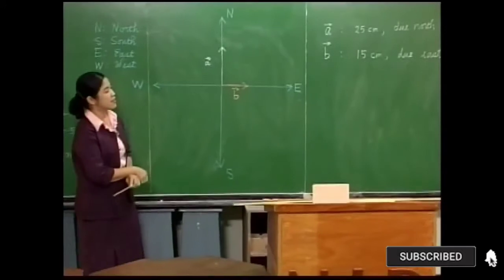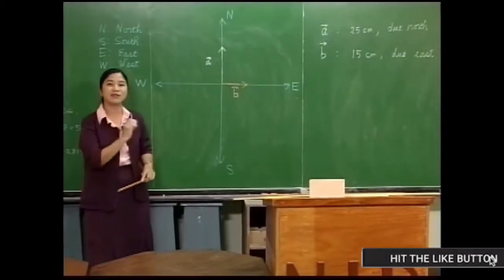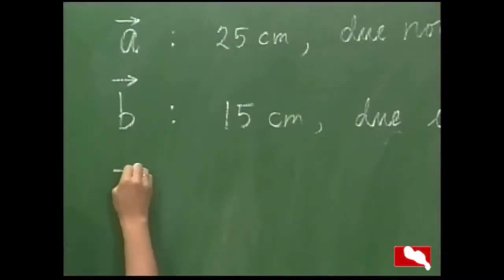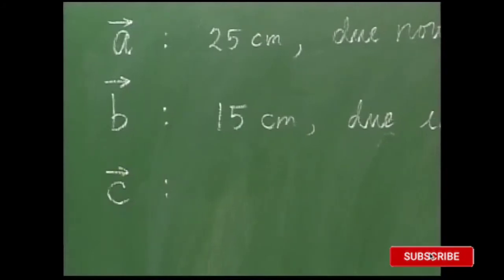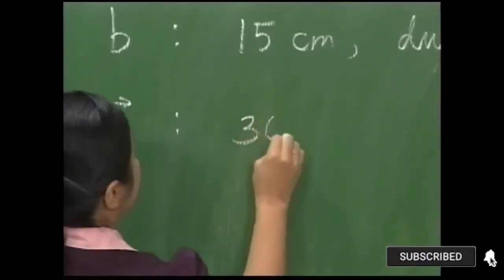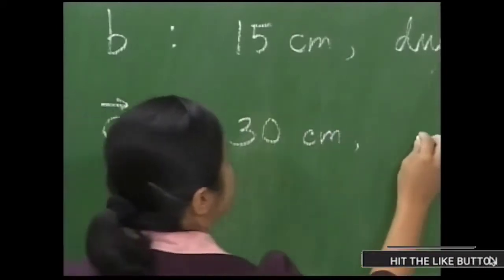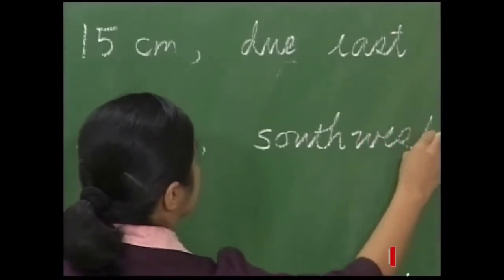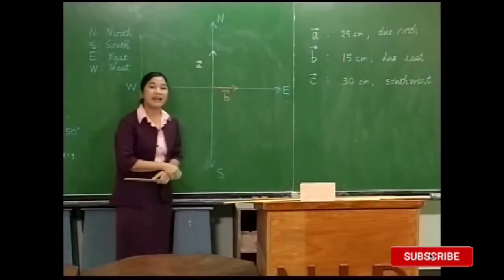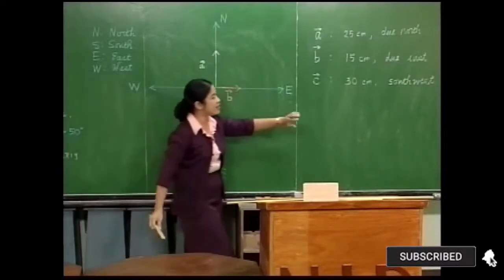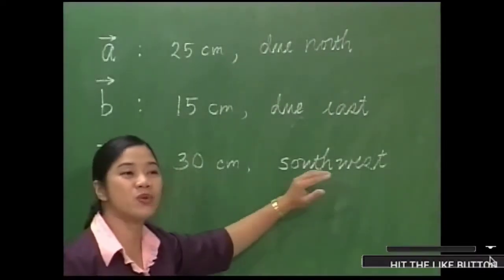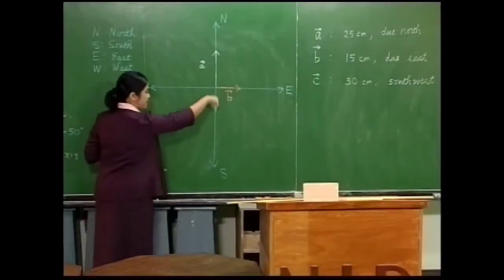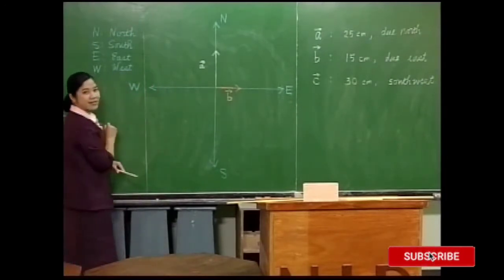Okay. Now, another example, something that you also encounter in daily life as you travel. Suppose now I have a vector C, and I say that it is 30 centimeters southwest. Now, by convention, whenever you see the word southwest, it would mean exactly 45 degrees between south and west.